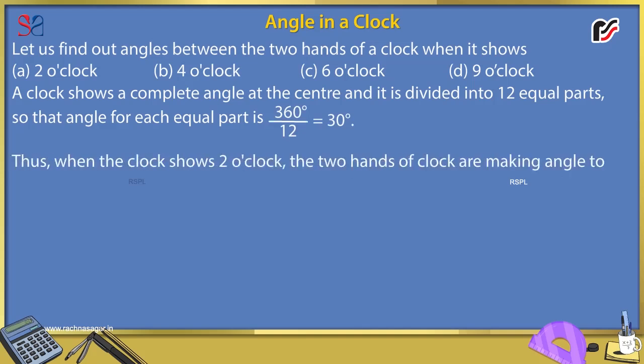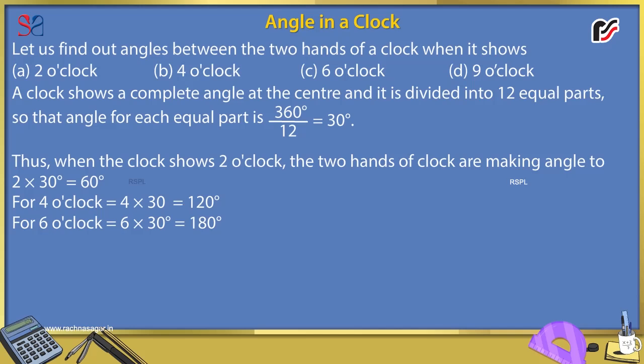Thus, when the clock shows 2 o'clock, the two hands of the clock are making an angle equal to 2 multiplied by 30 degrees, which is equal to 60 degrees. For 4 o'clock, it is 4 multiplied by 30 degrees, which is equal to 120 degrees.